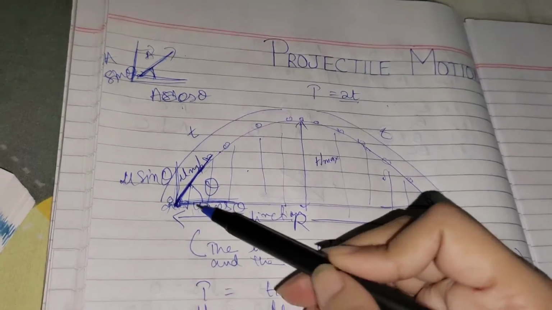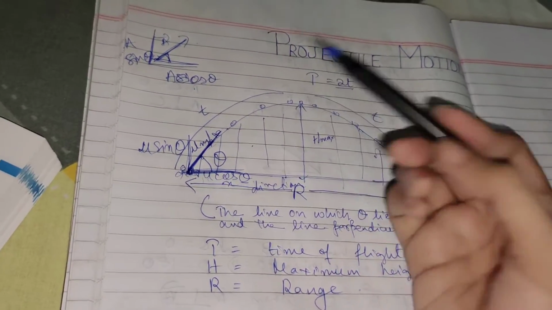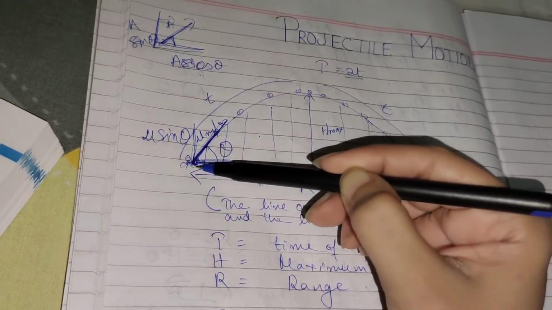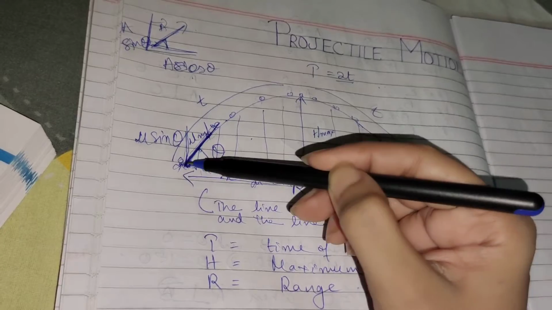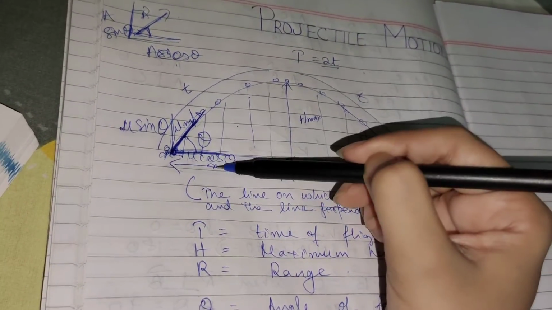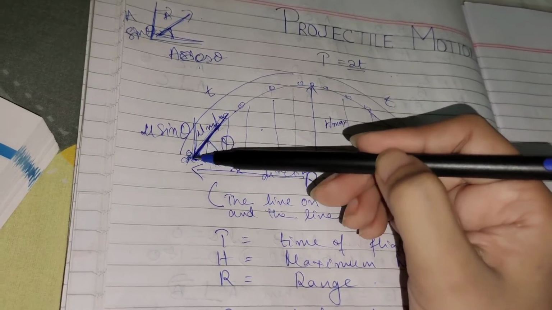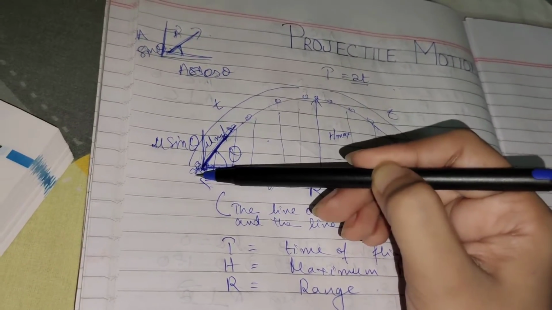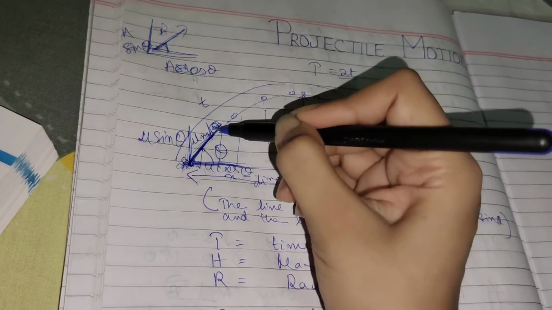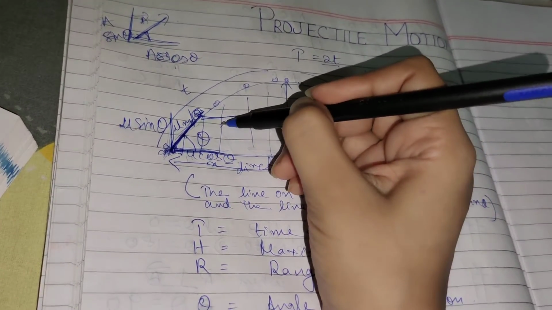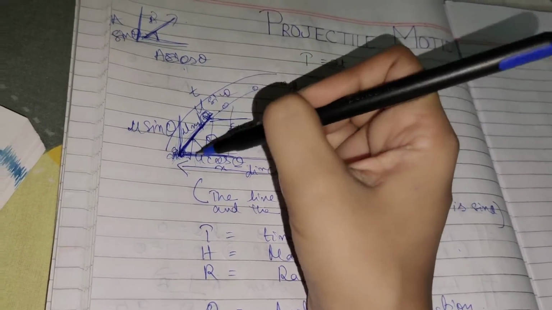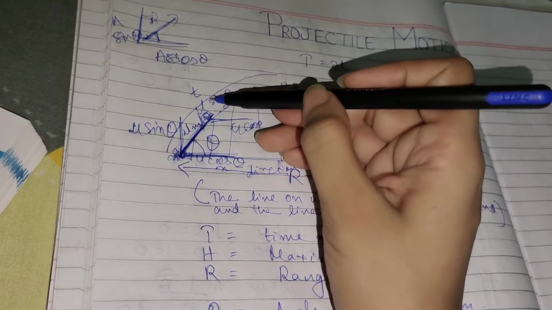Since this ball has started with velocity u, the velocity along x direction would be u cos theta, and along y direction u sin theta. Suppose it reaches here, from here to here. Again, it would be u cos theta, u sin theta, but obviously the velocity might change for y.